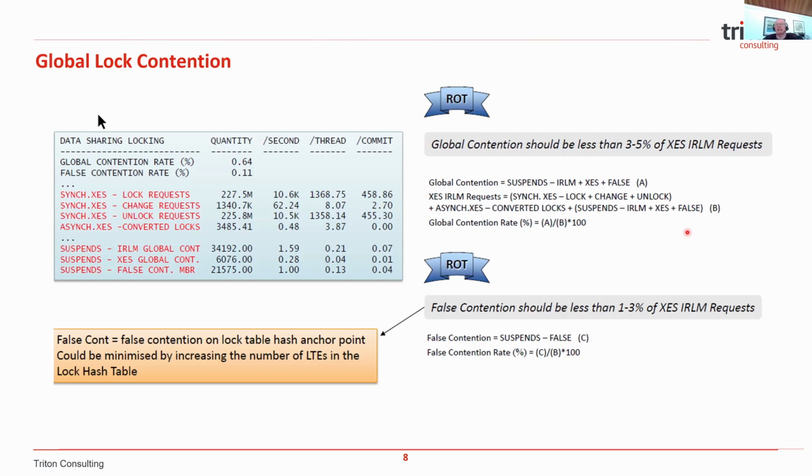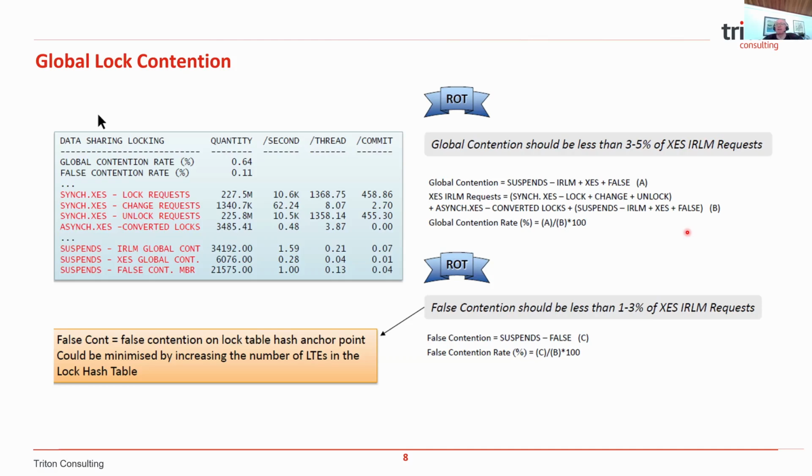So on this slide 8 here, I'm offering up a couple of rules of thumb for you. The first one is that the global lock contention rate, which OMPE calculates for you anyway, should be less than 3 to 5% of the total number of requests. How that calculation is performed is underneath the rule of thumb.